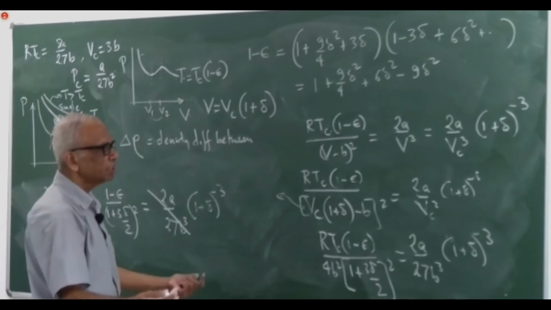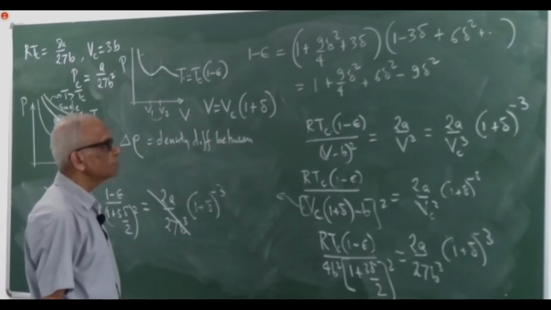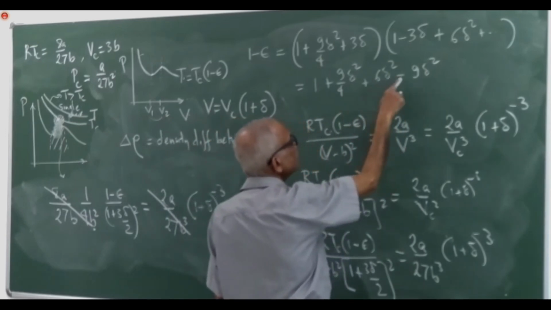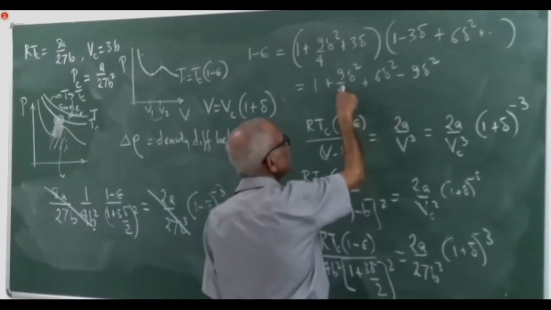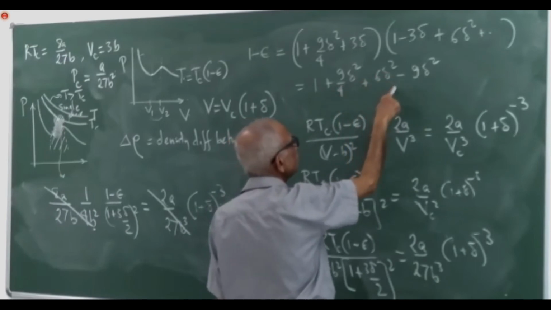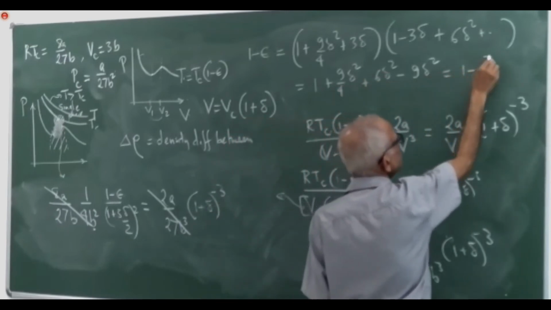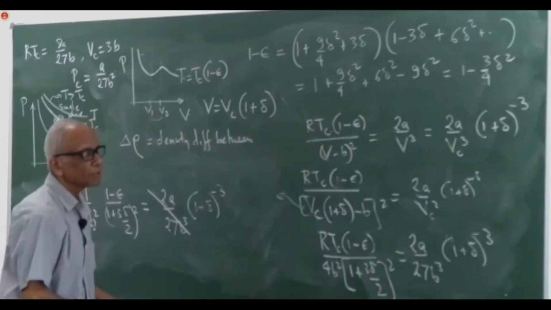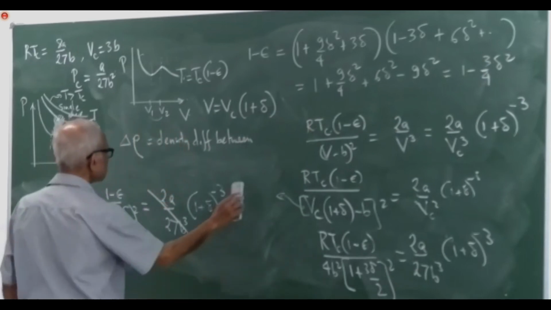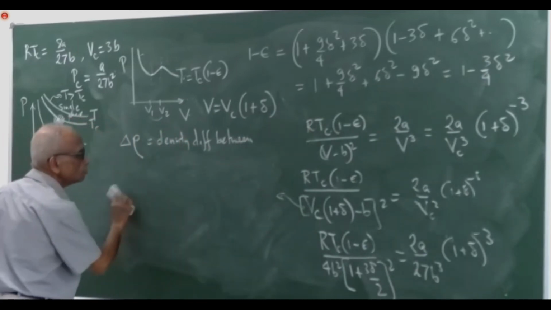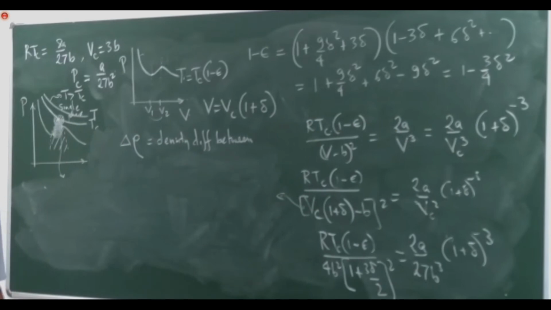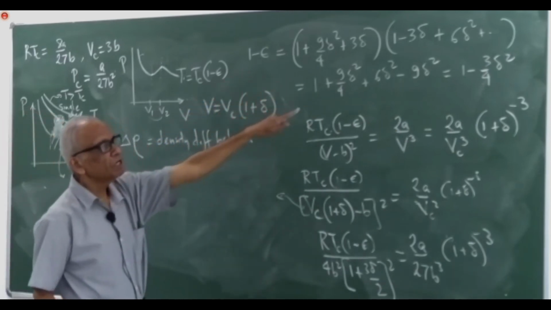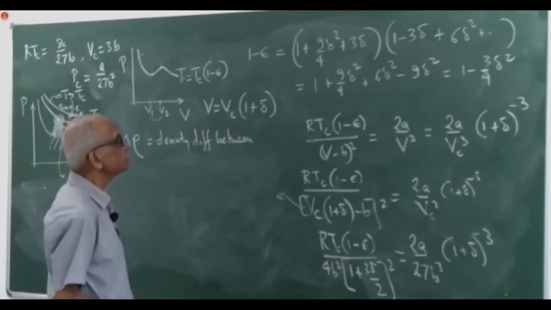The next term is delta cubed, which I'll stop at. So it is minus 3 and plus 9 by 4, so it is minus 12 by 4. So this is equal to minus 3 by 4 delta squared. So you see what has happened. 1 minus epsilon is 1 minus 3 by 4 delta squared.